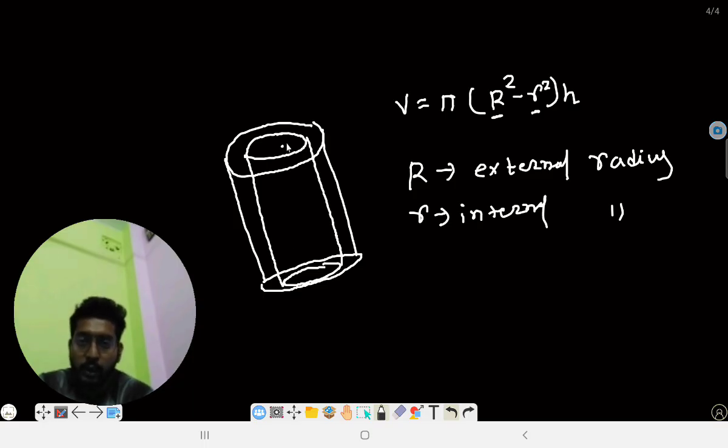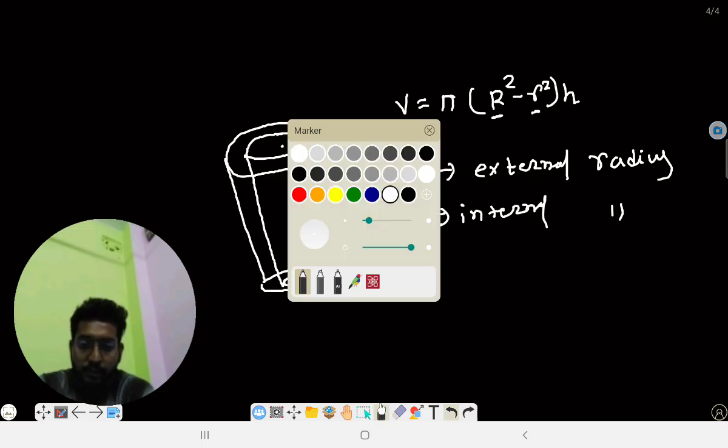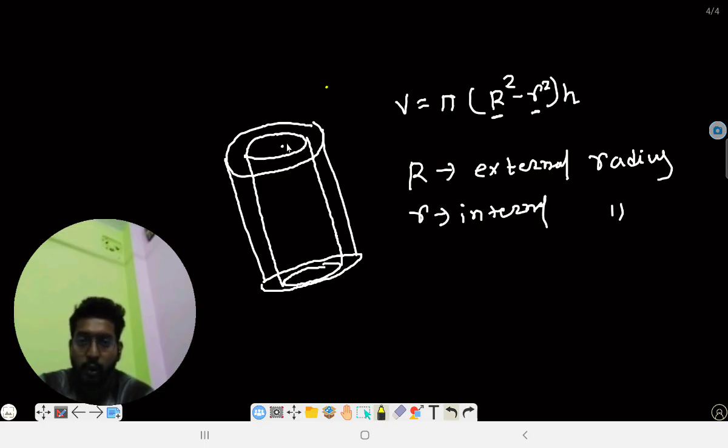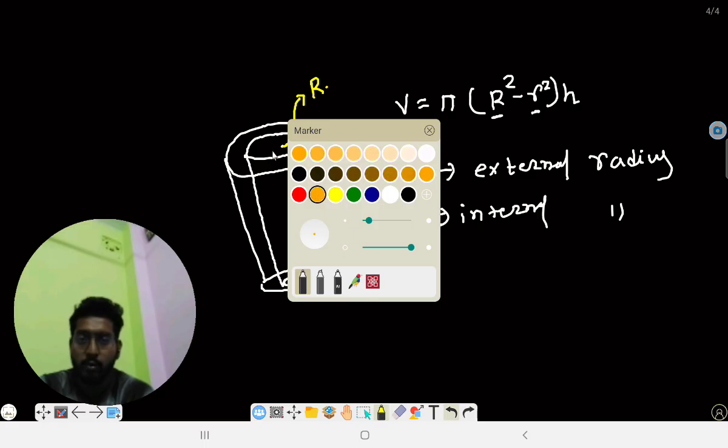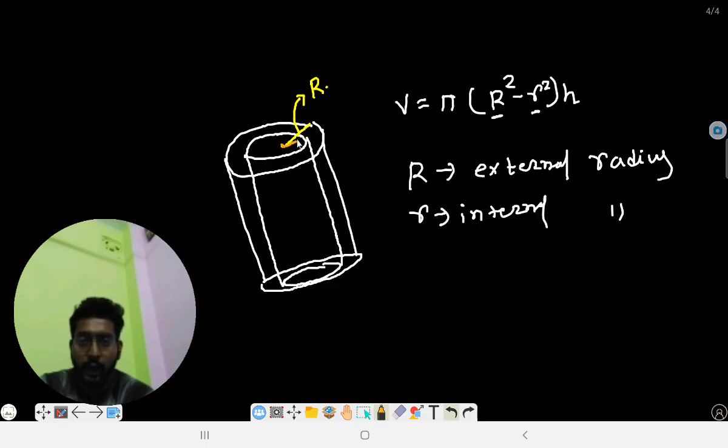Now this one is called the external radius and it is denoted by capital R. And this orange one will be the internal radius, denoted by small r. So the yellow, bigger one is the external radius and the smaller one, small r, is the internal radius.